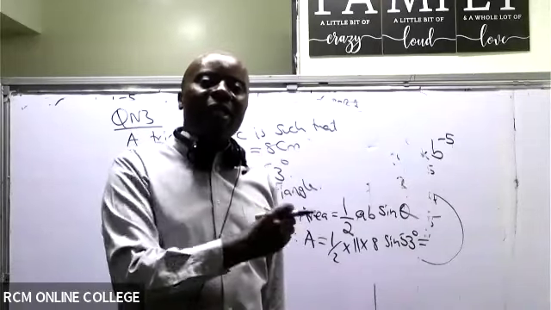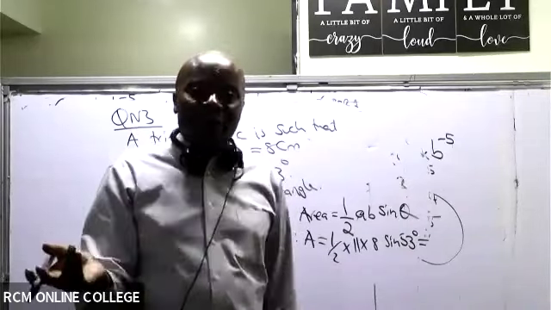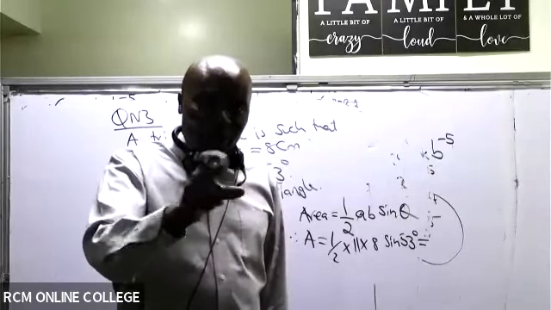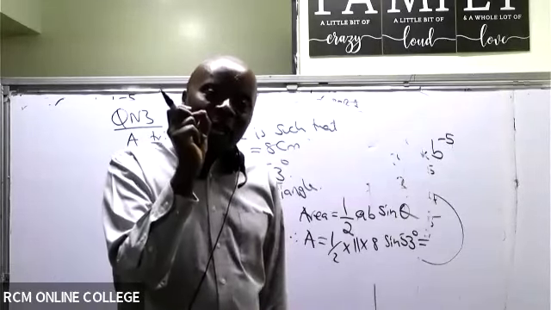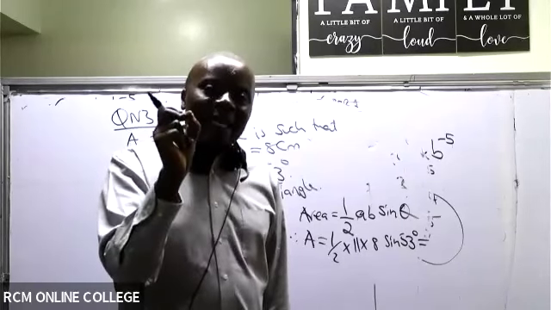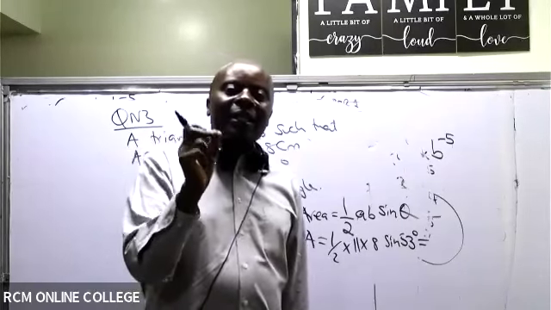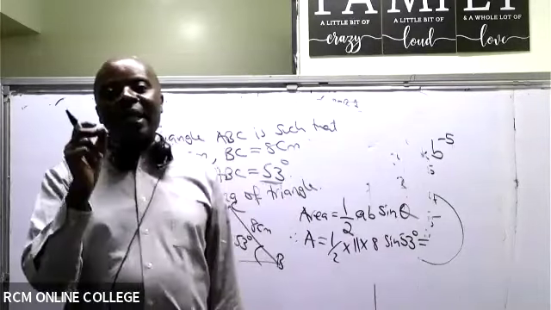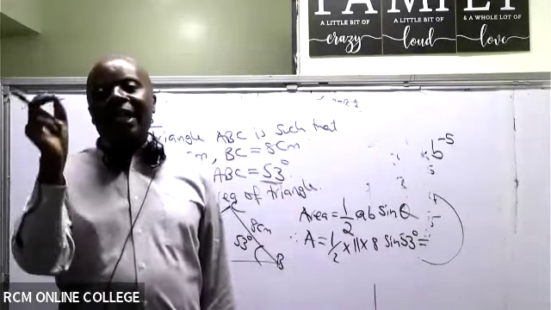When you start doing this topic, you'll not have a problem. At least now, if you know the 2 sides, and the angle is included, there is a formula: a half times A times B times sine theta. And the sin theta is in your calculator. If you look at your calculator very well, it has a cosine there, and it has a sin there.